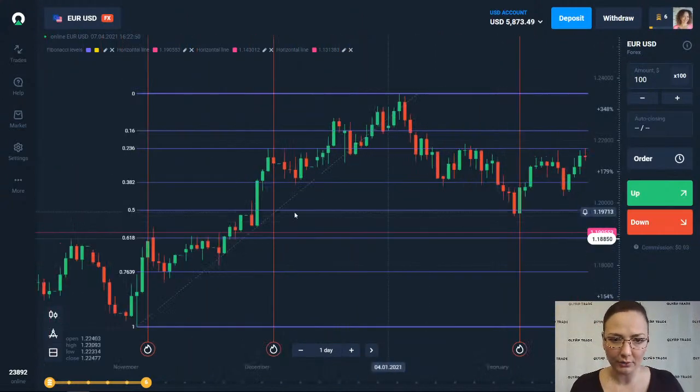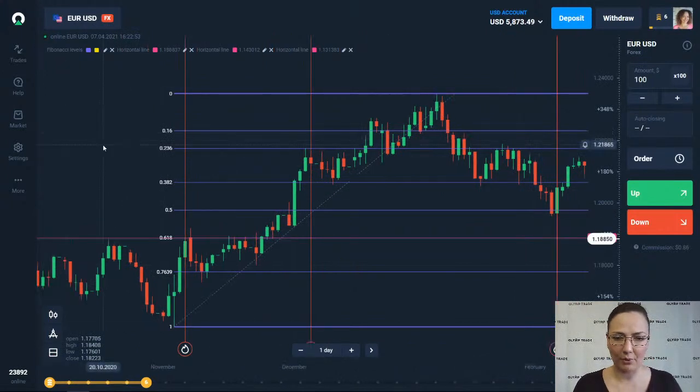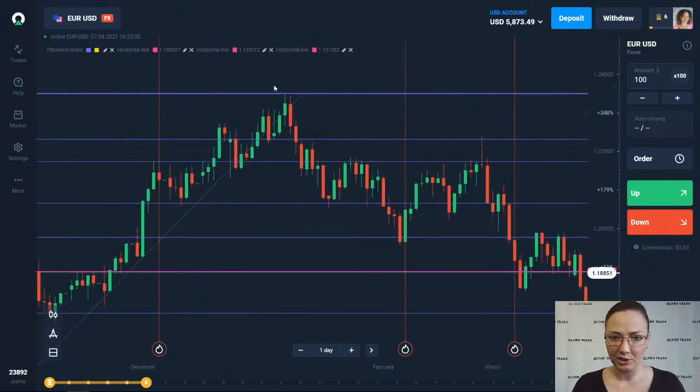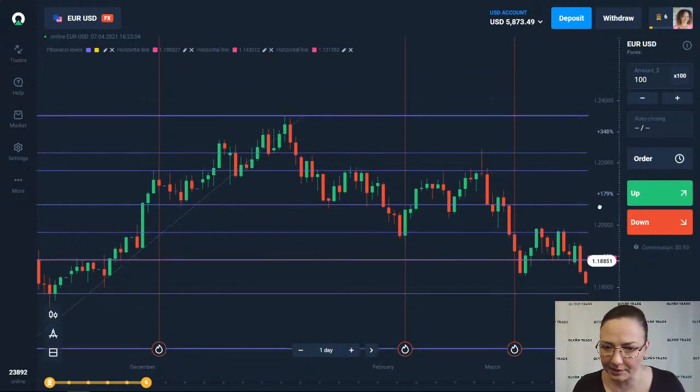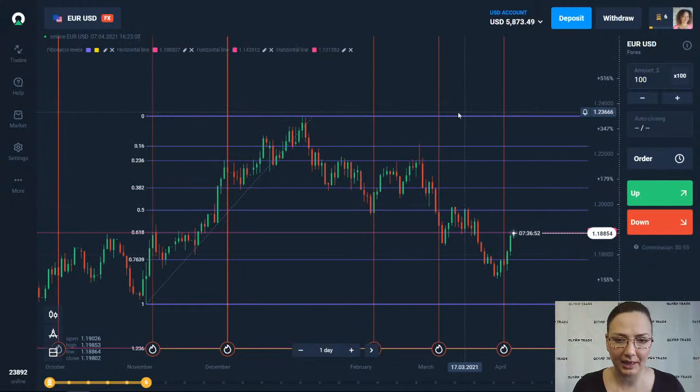But what I truly wanted to show you was, if we didn't see that part, we drew our Fibonacci levels. Let me make it a little bit smaller so that you can see the numbers. So we did see that the price used the 23.6.